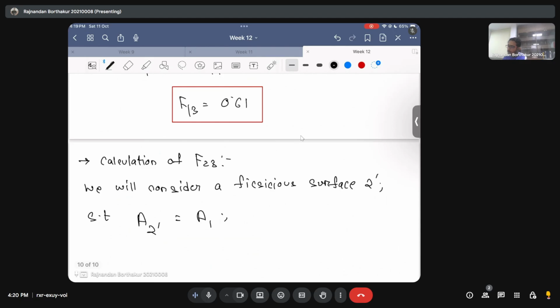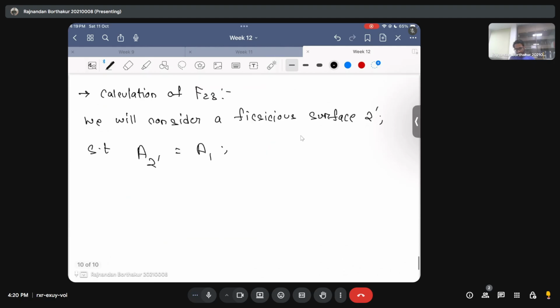So then what advantage do we get? Then we can say that F2'3 is basically equal to F13.